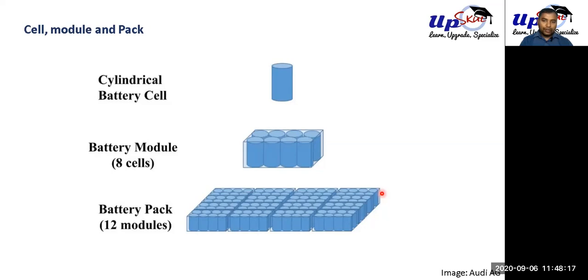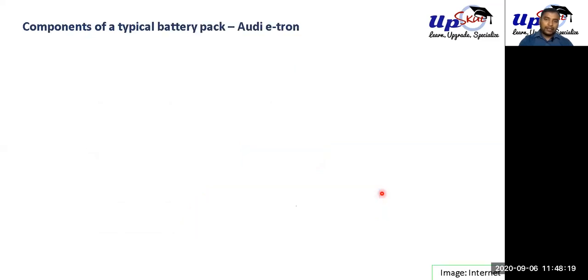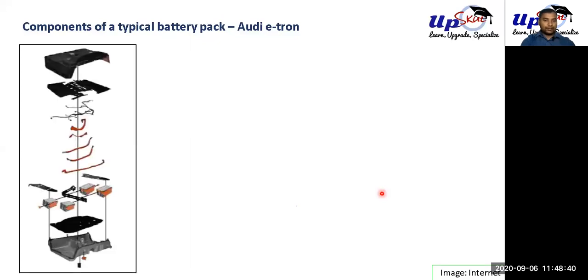These cells will be connected depending upon the voltage and current requirement, in either series or parallel. We are going to look a little bit into that also, but let's first see the components. Here, you see we have an exploded view of a battery.